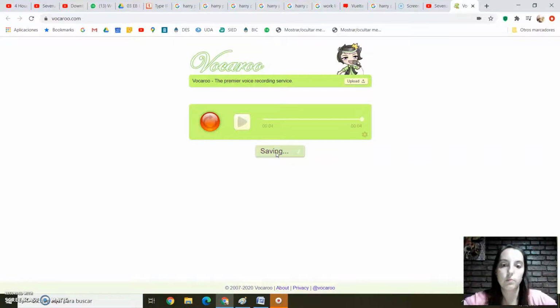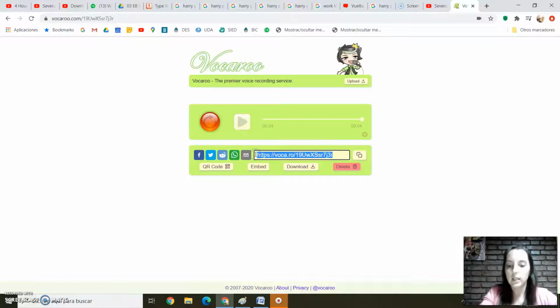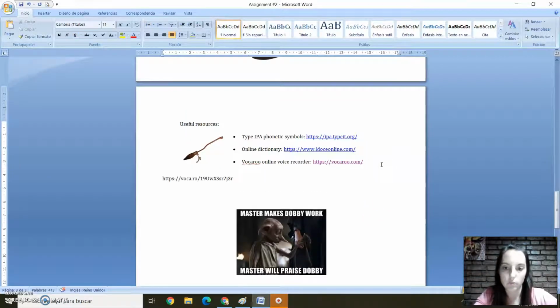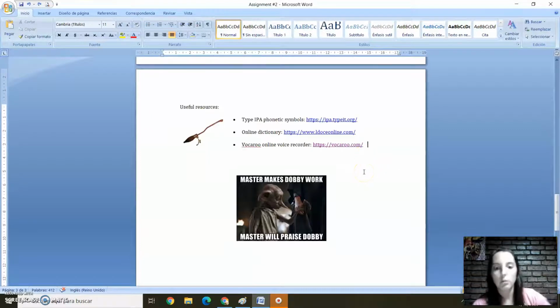Okay, so you click on save, and this is the link. You copy the link, and you paste it wherever you want to. The good thing is that you can record as many times as you want to. You can listen to yourself again and everything, just like in WhatsApp. Okay, but on the computer.